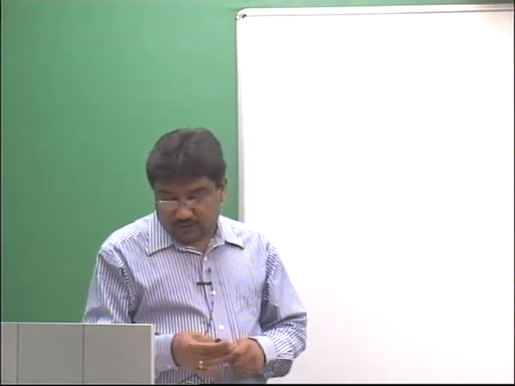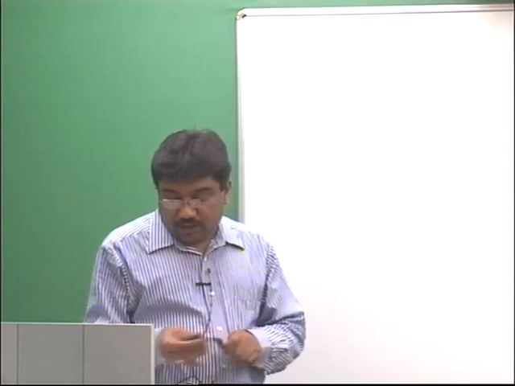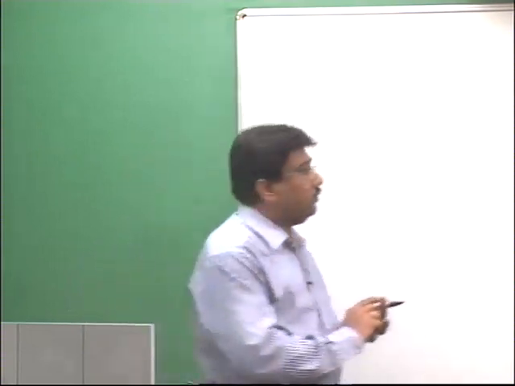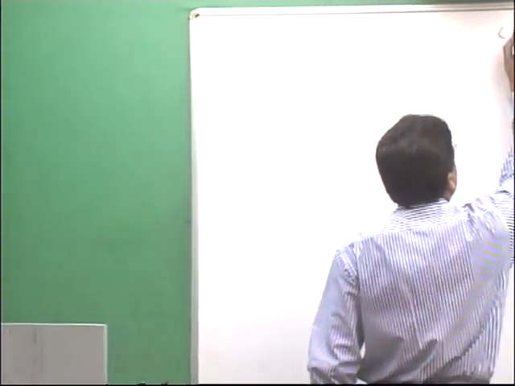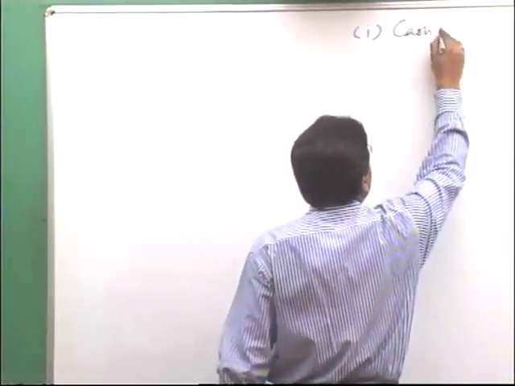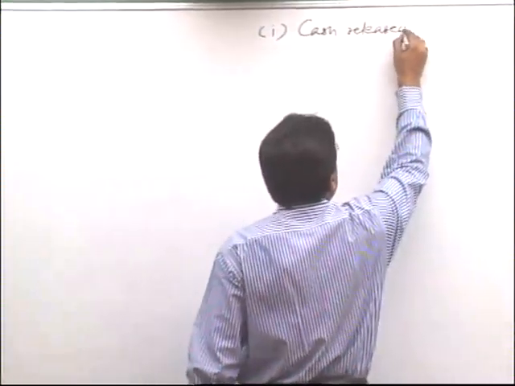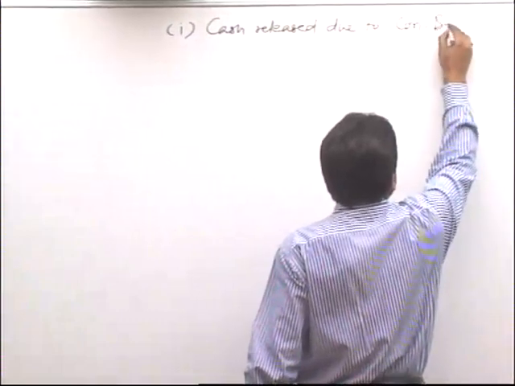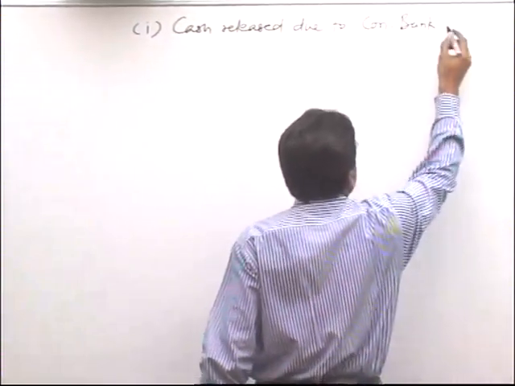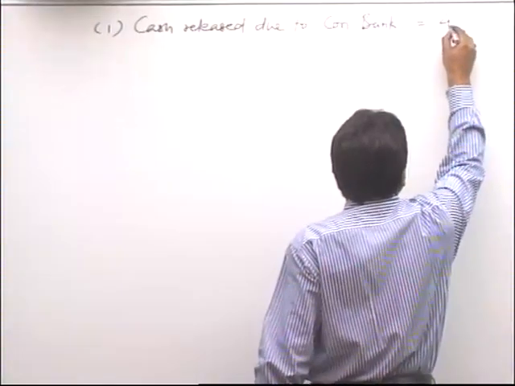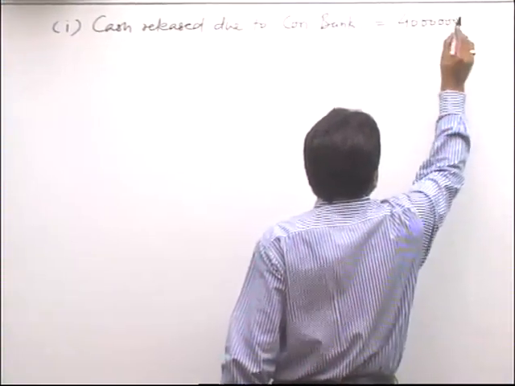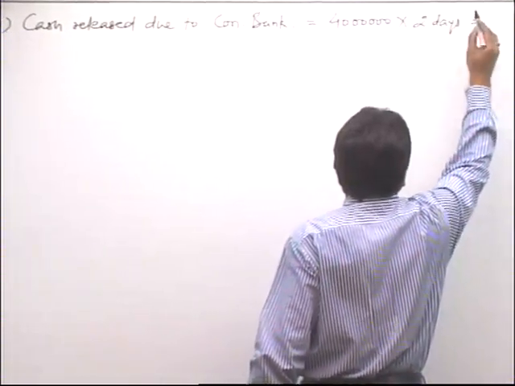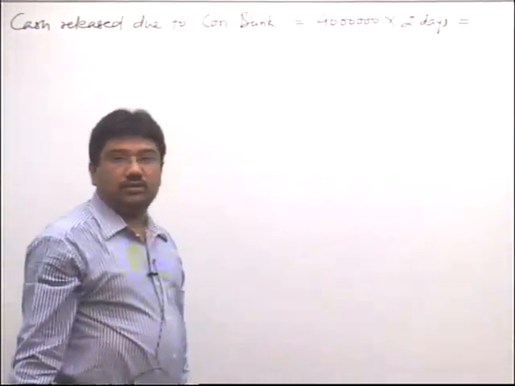The first question is, how much cash would be released with the concentration banking system? So first answer, cash released due to concentration banking is equal to daily turnover of 40 lakhs multiplied by 2 days, because in concentration banking the collection period reduced is only 2 days.